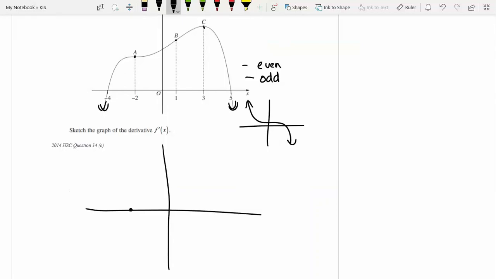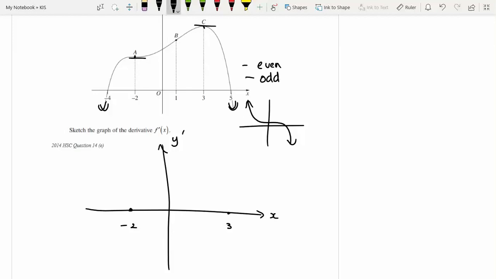So if we're drawing this as the y dash axis and this is the x axis, at the point A, or minus 2, it is going to touch that, right? It has to, because the gradient at that point is 0. Also at C, at the point 3, it will also touch 0, right?